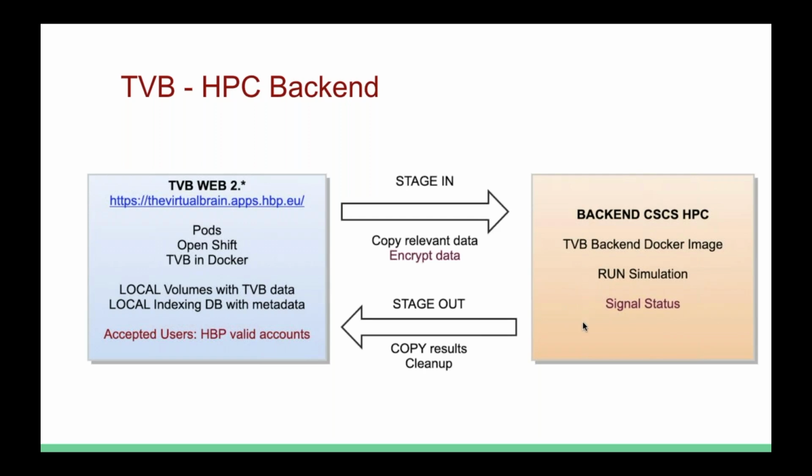Afterwards, we want the job running on the CSCS to notify us back whenever it is done running, so we can stage out all the results from that simulation. This stage in and stage out communication is done through the UniCore REST API.